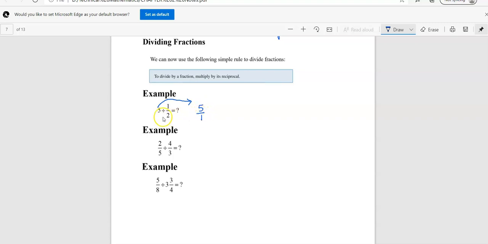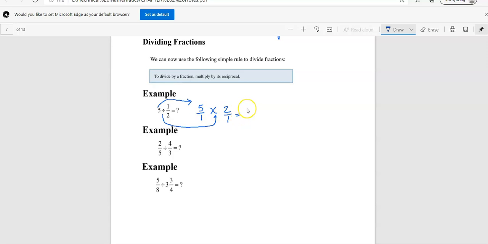Put 5 over 1. Then to follow the rule, to divide by a fraction, multiply by its reciprocal. You take the division sign and turn it into a multiplication sign, and then you multiply by the reciprocal of 1/2. If you turn 1/2 upside down, it's going to be 2 over 1.